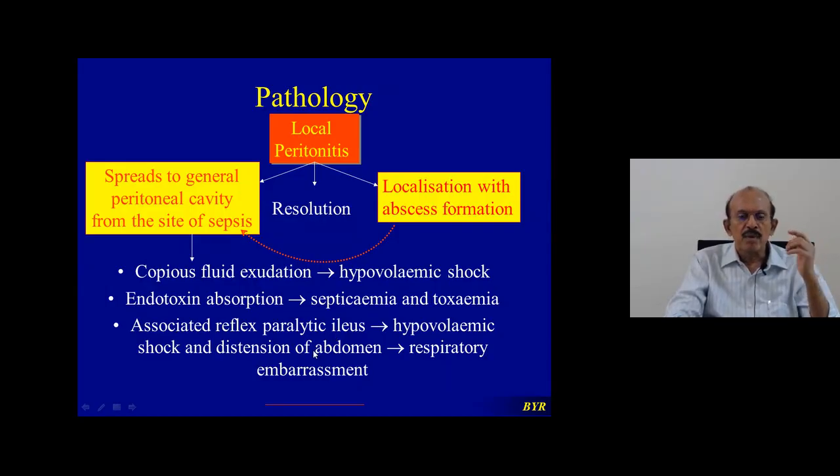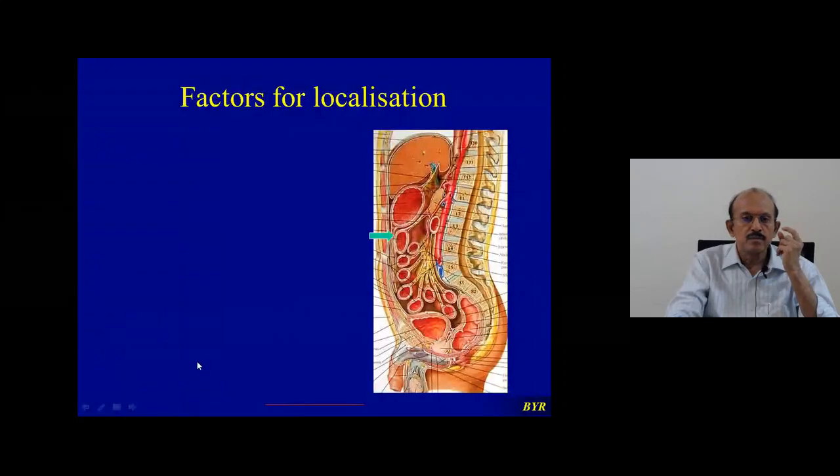And the paralytic ileus will be so severe that there will be huge distension of the abdomen. This distension can cause splintage of the diaphragm. So there will be decreased respiratory movements, causing hypoxia and respiratory embarrassment. So whenever there is general peritonitis, these sequelae will take place.